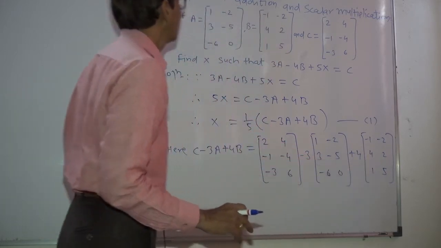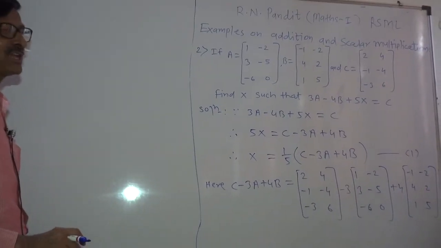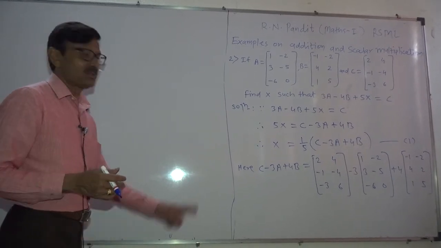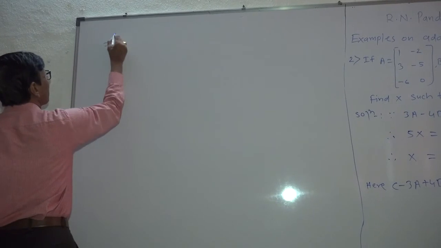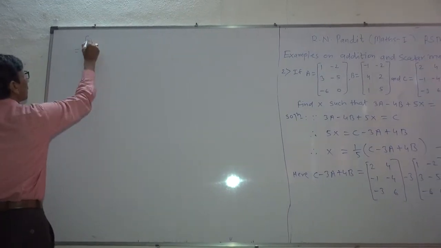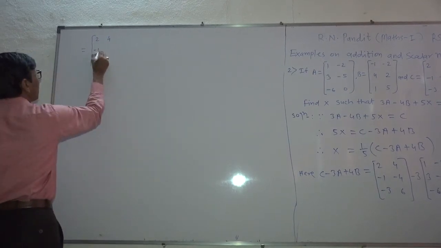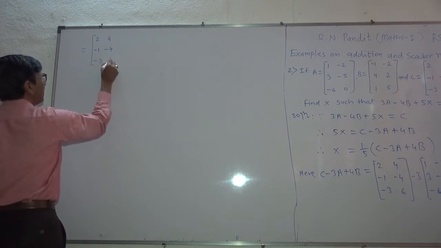So, here we will first do scalar multiplication and then we will do addition and subtraction. Okay? So, simplification of the right hand side: first term no change, 2, 4, minus 1, minus 4, minus 3, 6 as it is.